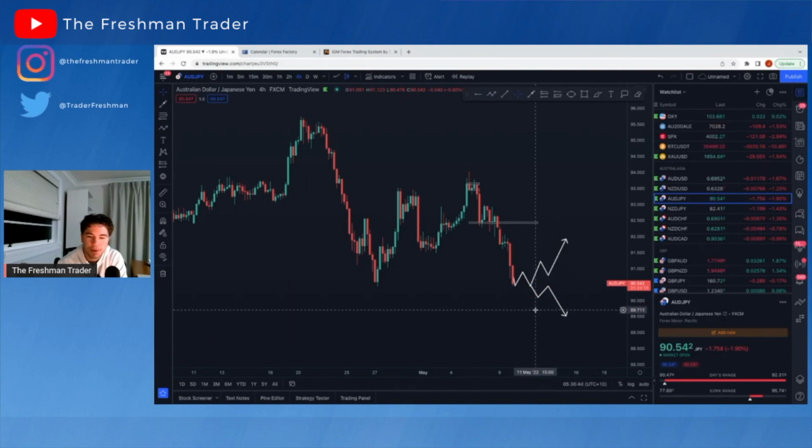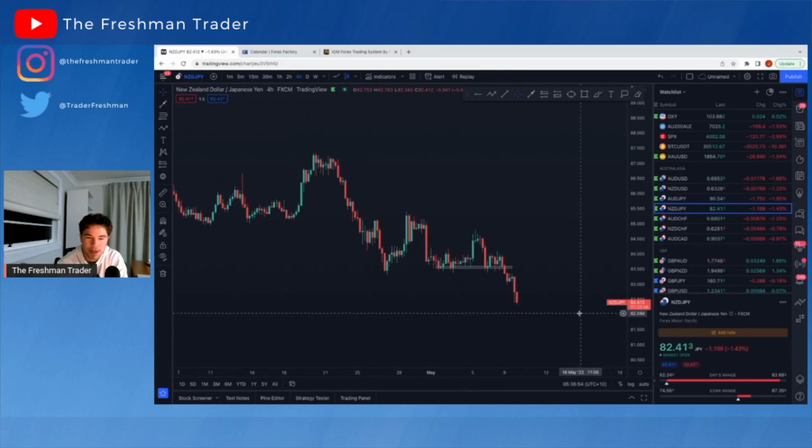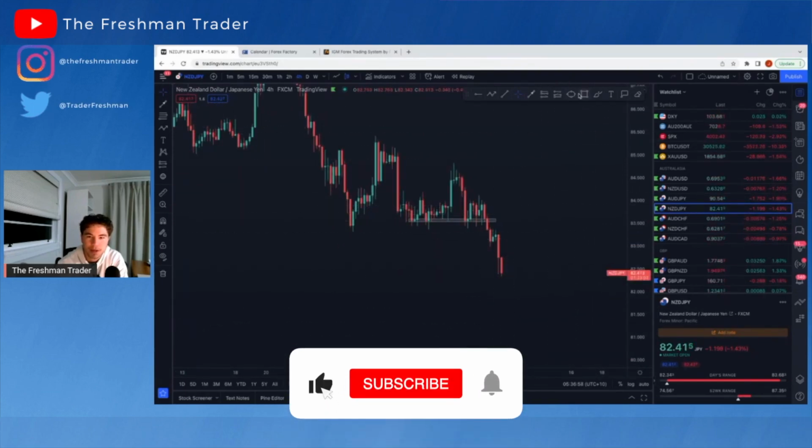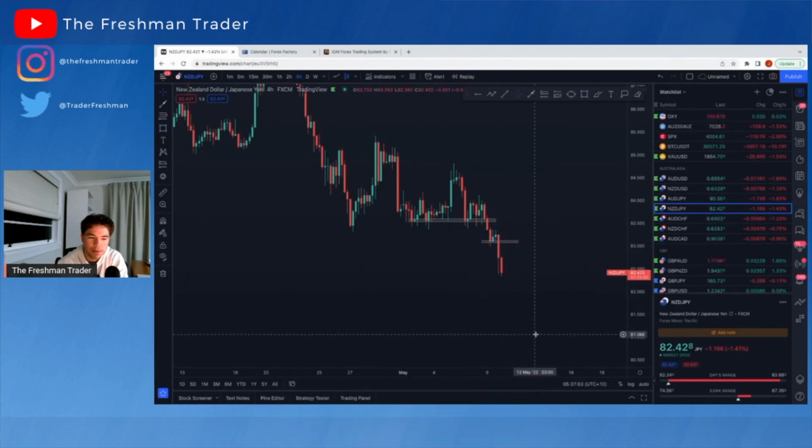But the point is, until we form some strong structure that I can actually trade off, some new lows being made, I won't be trading that. New Zealand dollar, Japanese yen is quite similar. I guess we could look at price pushing back to this key level over here and then pushing down further.